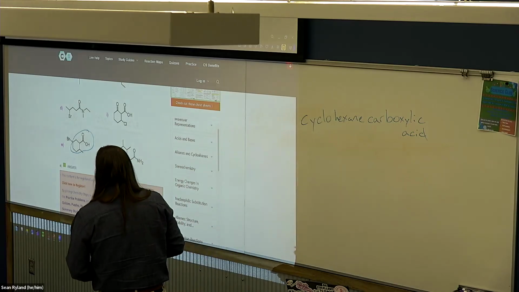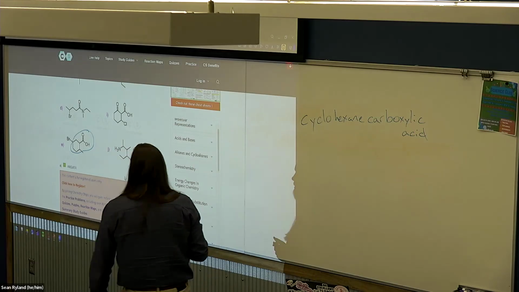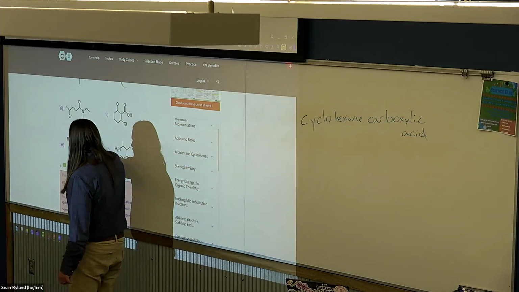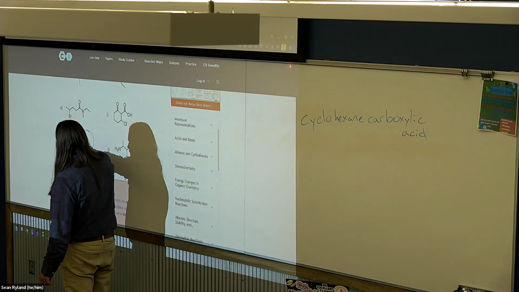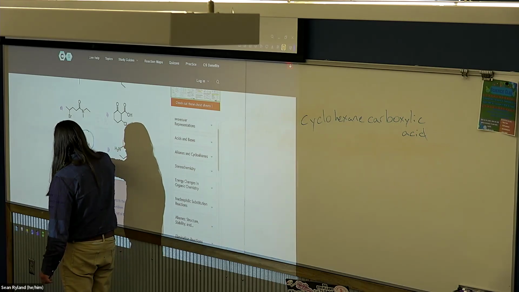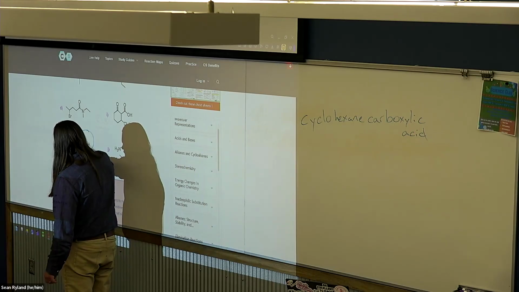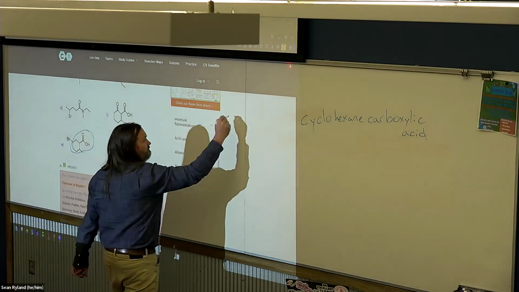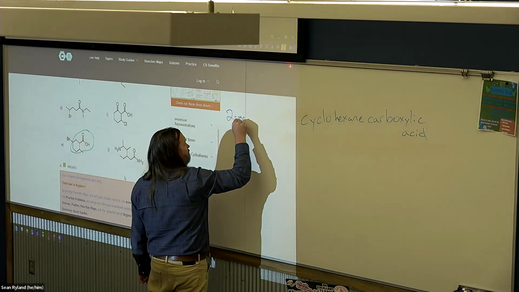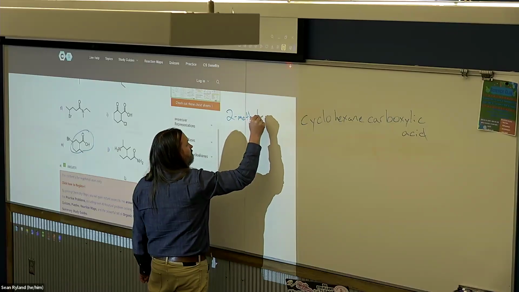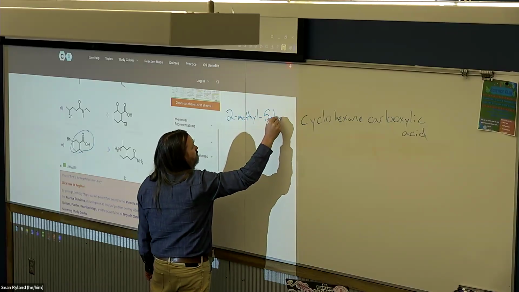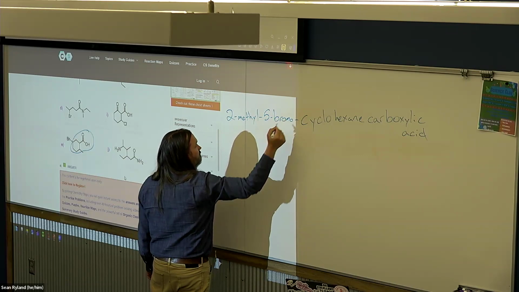And then we just name the other stuff as a branch. So if we call this carbon 1 on the ring, that's where the carboxylic acid is attached. Got 2 methyl, 3, 4, 5 bromo. I went the other way, but I got 3 bromo, 6 methyl.